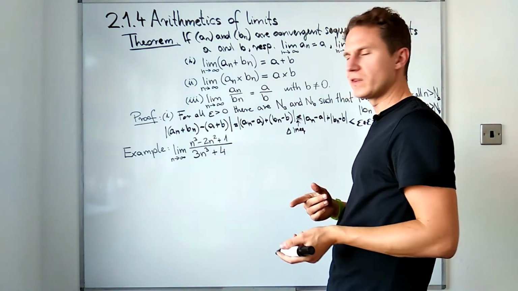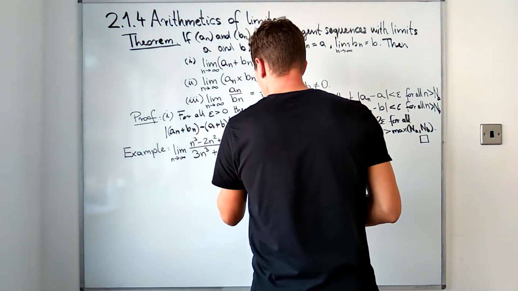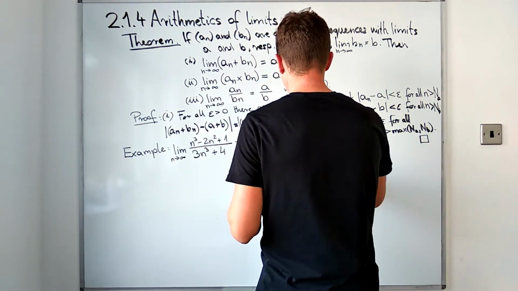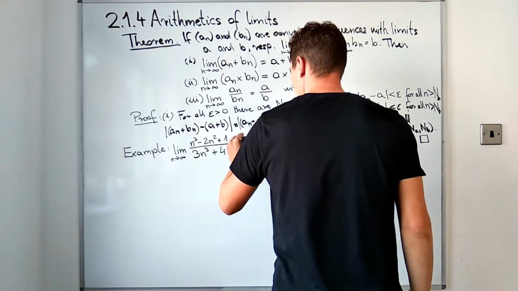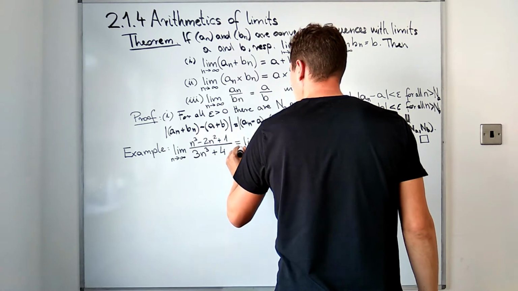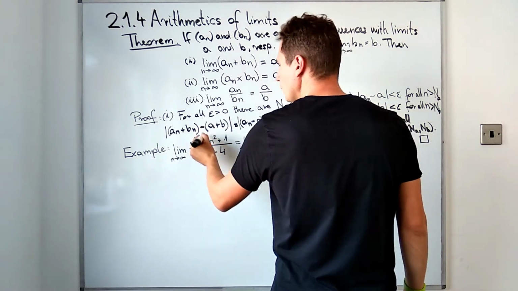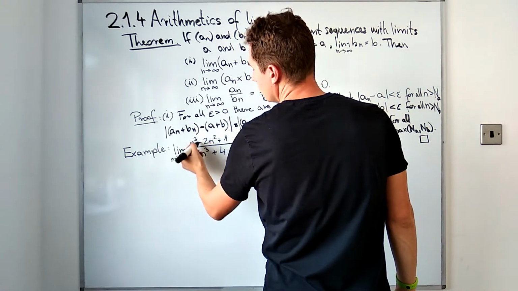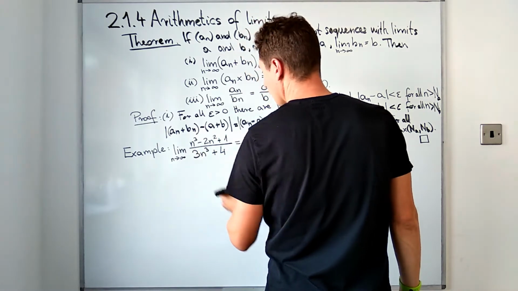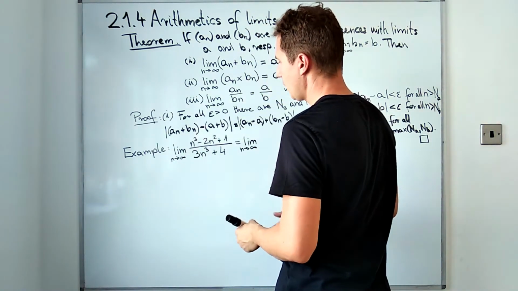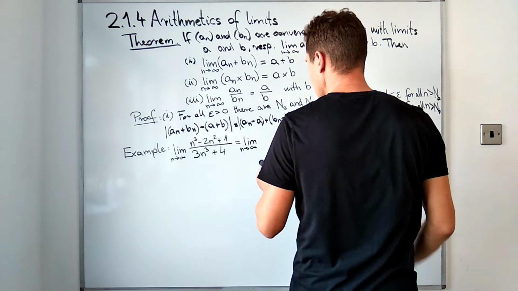Okay, I hope you paused it, and I hope you were able to calculate the limit. So the way to do it is to realize that the n cubed term, both in the numerator and in the denominator, are the dominant terms. They are the ones growing the fastest.